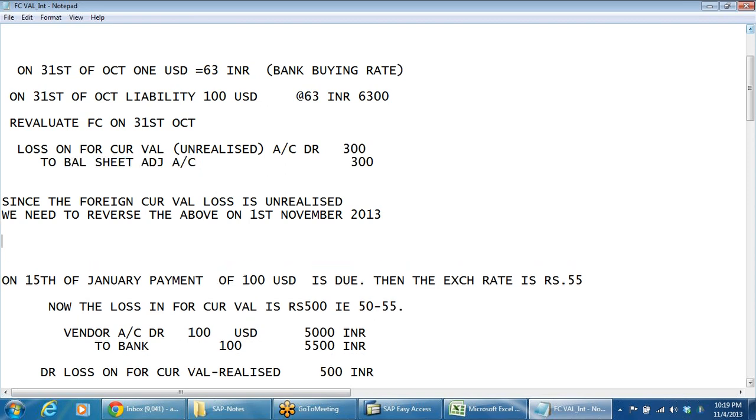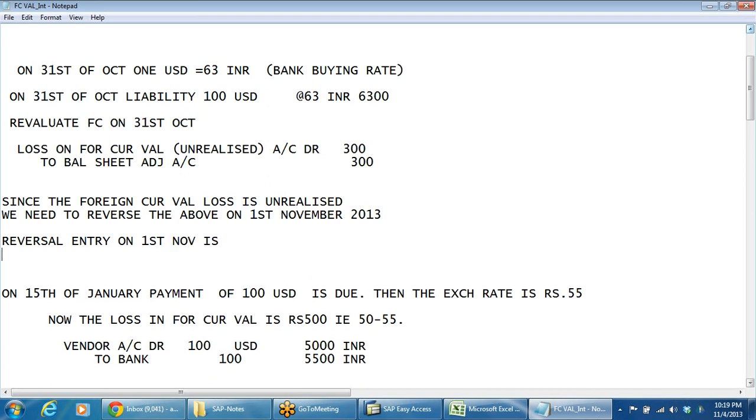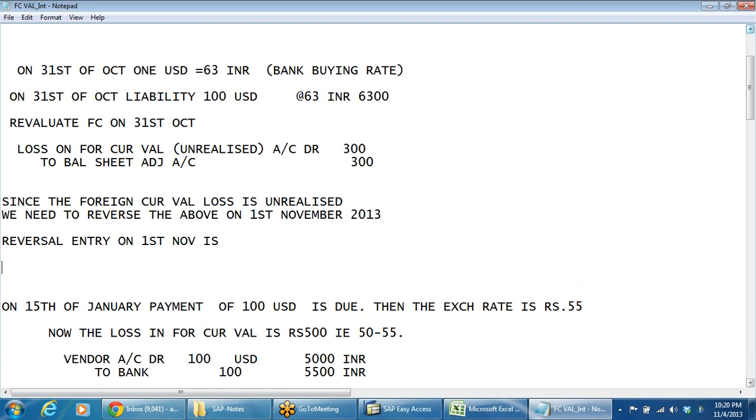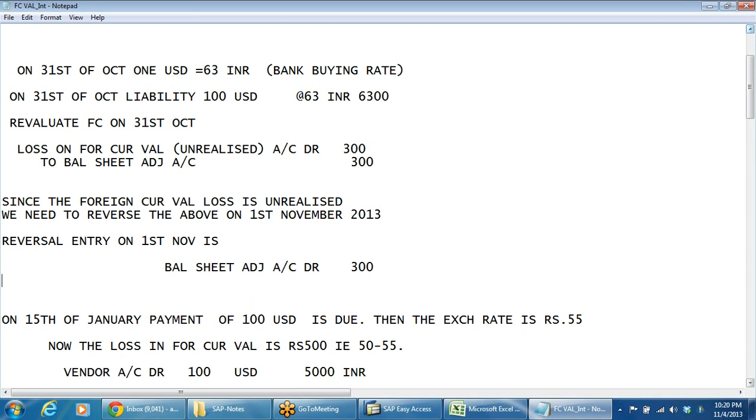The reversal entry on 1st November is balance sheet adjustment account debtor for rupees 300 to loss on foreign currency valuation unrealized account.